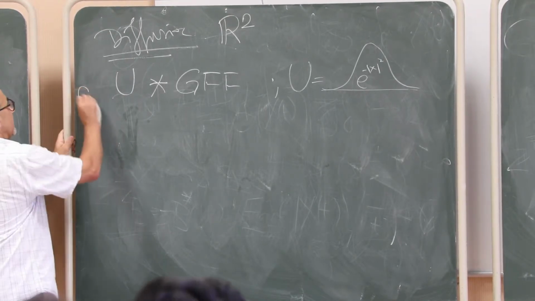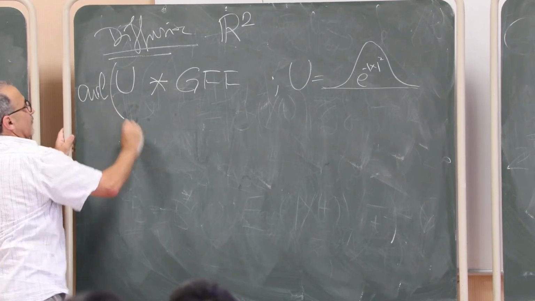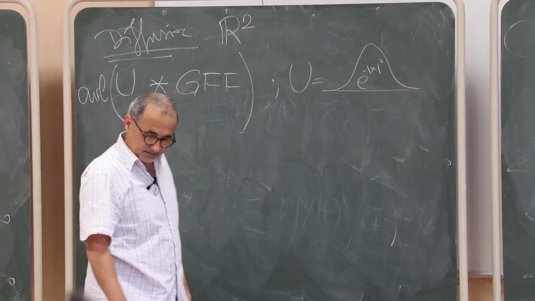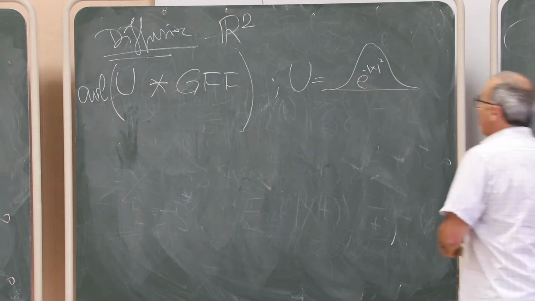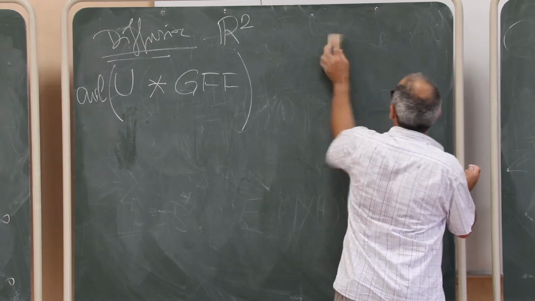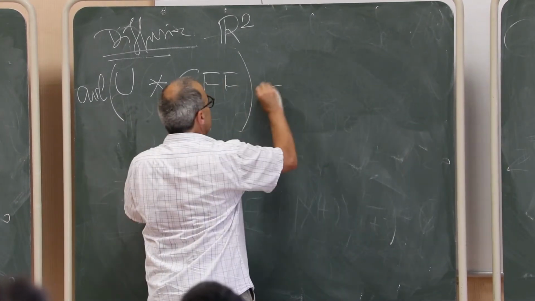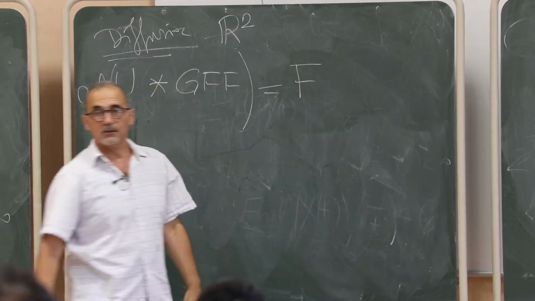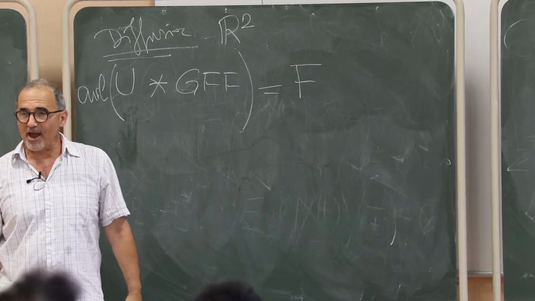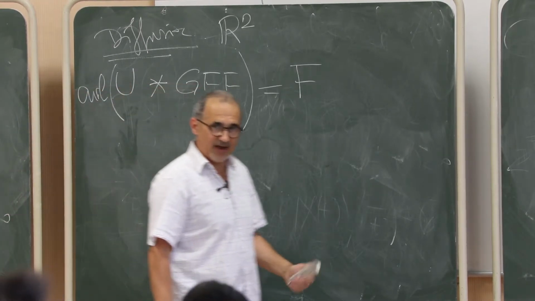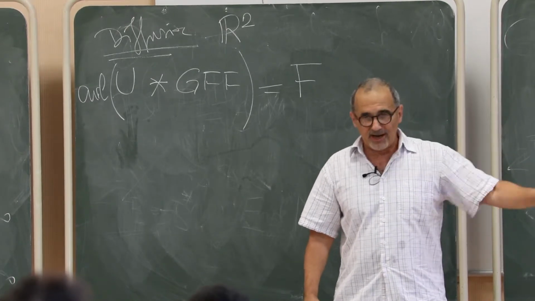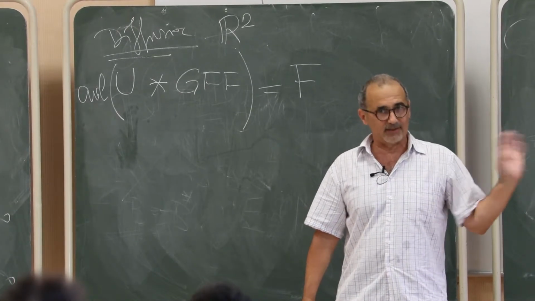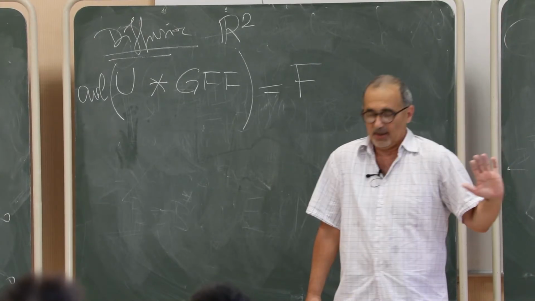So take the curl of this, and call it f. So f is a random Gaussian vector field, which is stationary and ergodic, and I will write down its covariances and all that, and that defines it perfectly well, right?